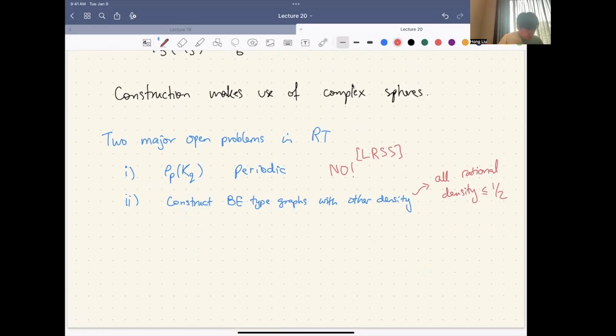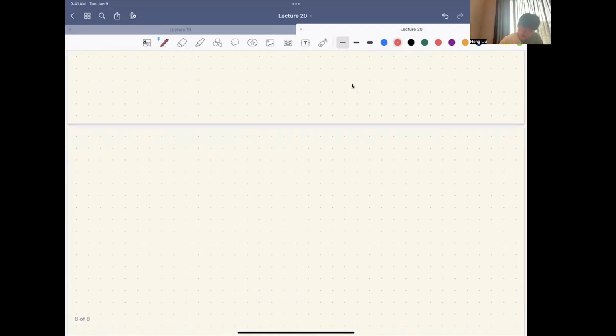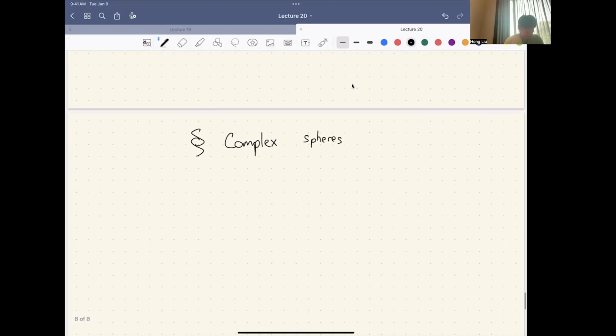So what are the properties? Complex spheres. Now, let's again take k to be at least 1, and recall we've defined the real sphere. So now let's define the complex sphere, the k-dimensional complex sphere.